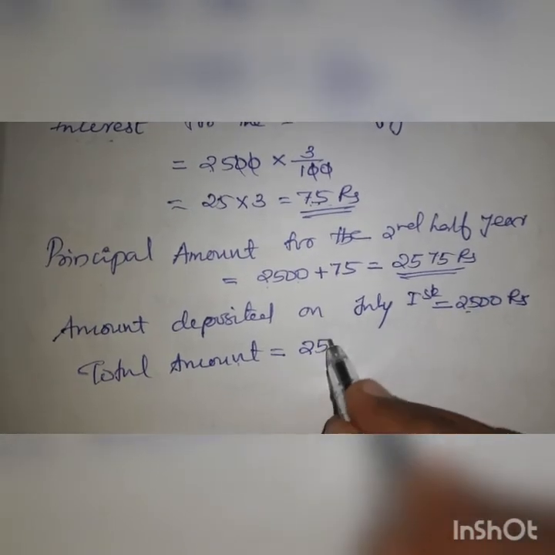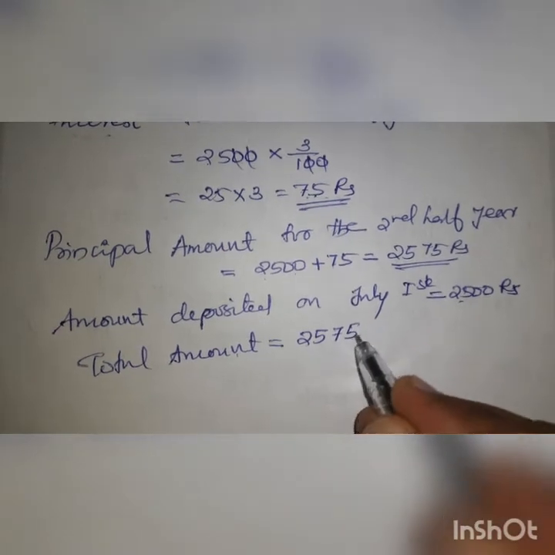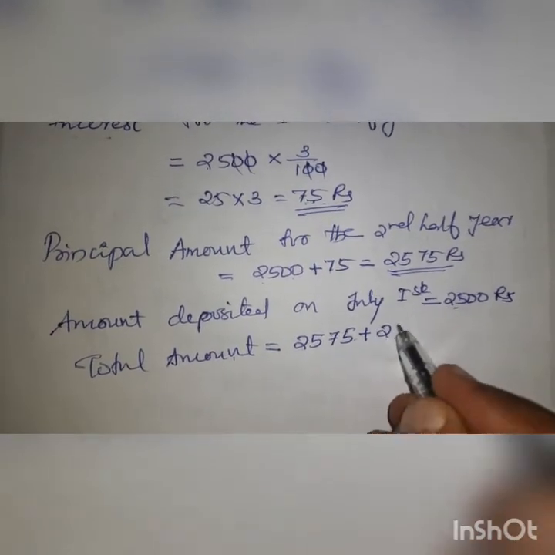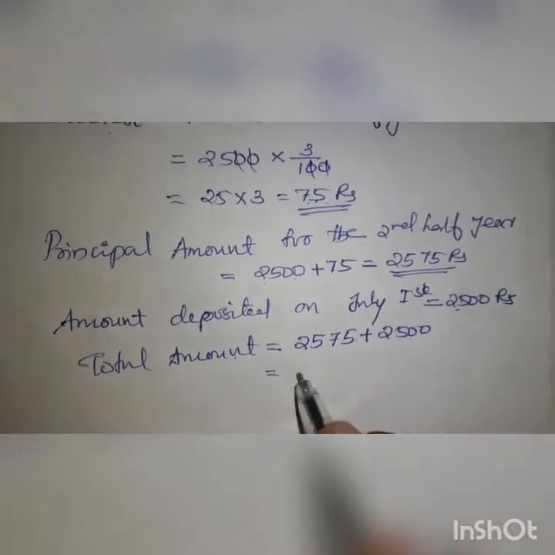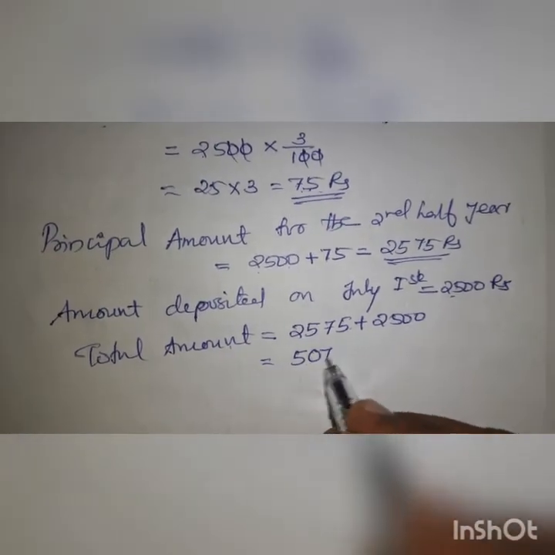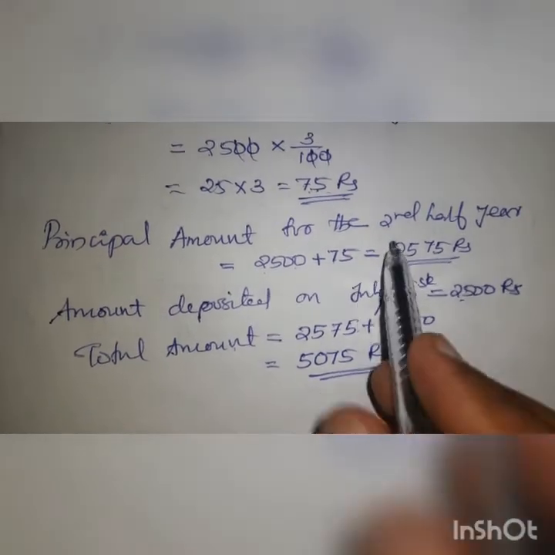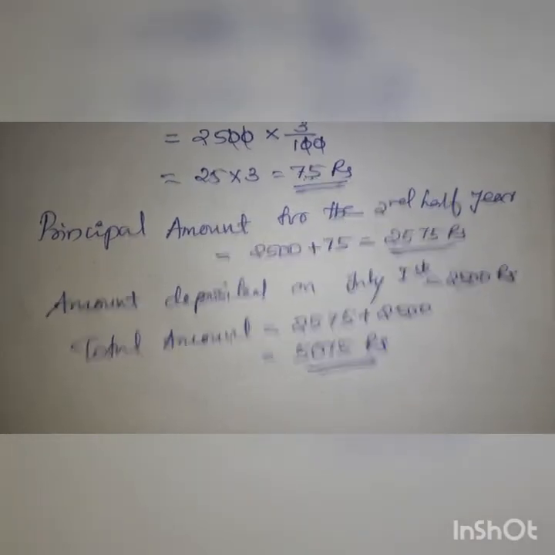Already the first 6 months plus interest, 2575, is there. Along with that, he deposited 2500 again. So the total amount is 5075 rupees. That is the principal amount for the second half.